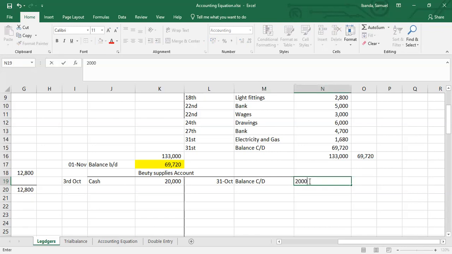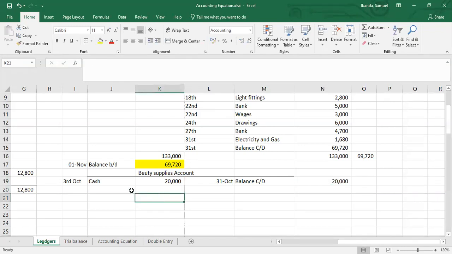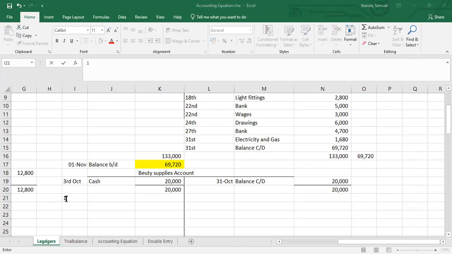How much? 20,000. And then you have your total. Then on 1st November, you have your balance brought down of the same amount.